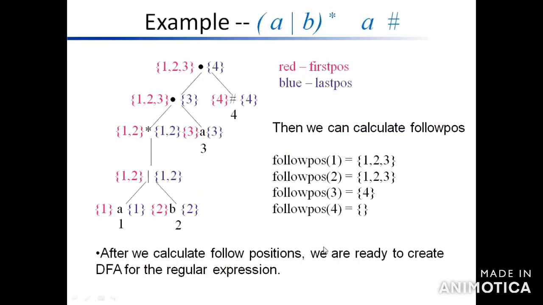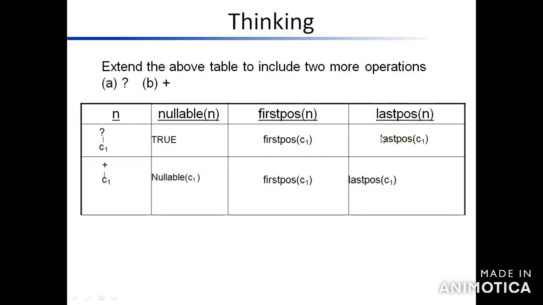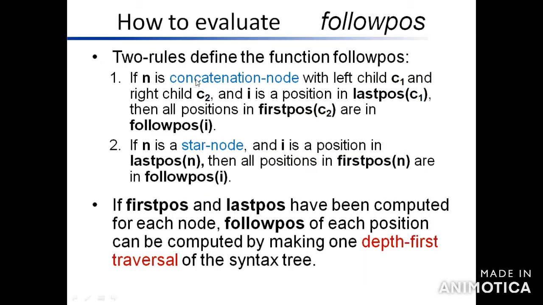Okay, now check the follow position. We have two formulas for follow position. What is the first formula? The concatenation node rule. If n is a concatenation node with left child C1 and right child C2, then for i a position in the last position of C1, all positions in the first position of C2 are in follow position of i.